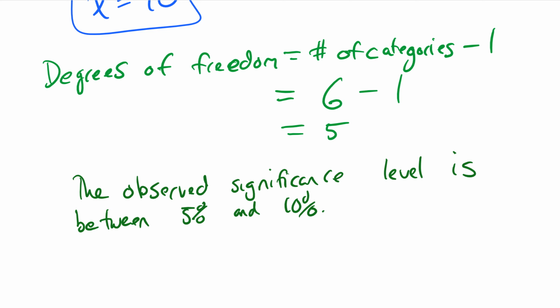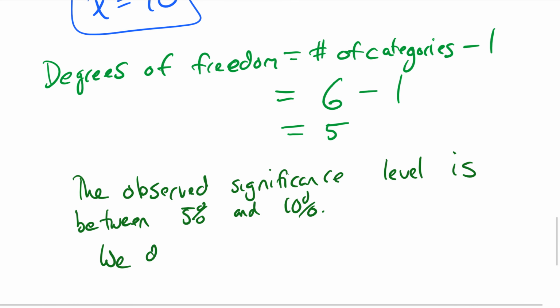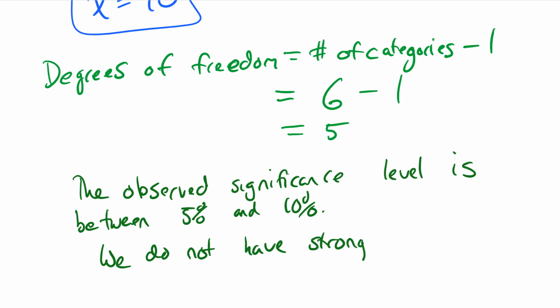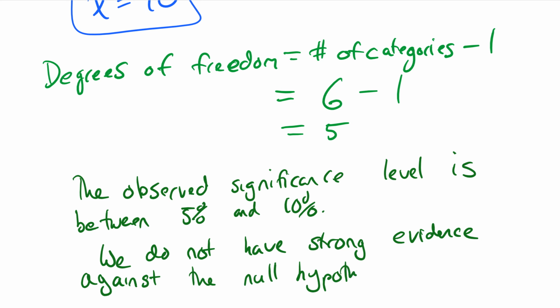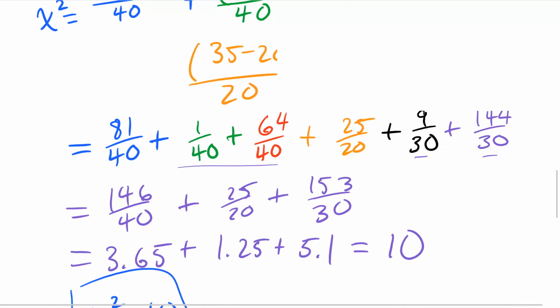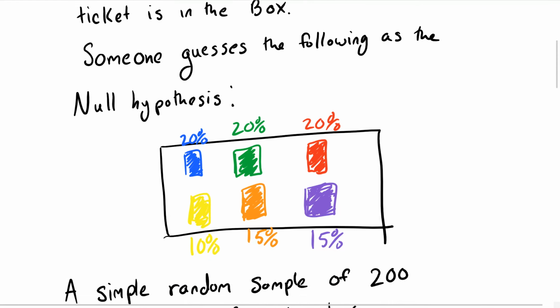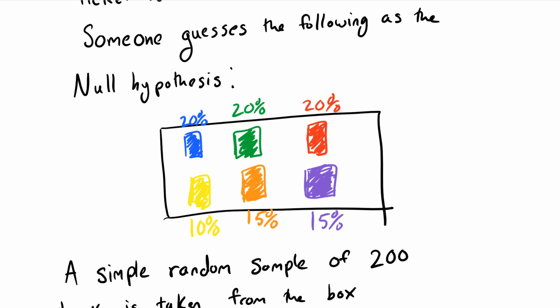Now it's greater than 5%, which means we do not have strong evidence against the null hypothesis. That means whatever that person guessed in the beginning, way up here, may in fact be true. We don't have evidence against it. If you have any questions, let me know.